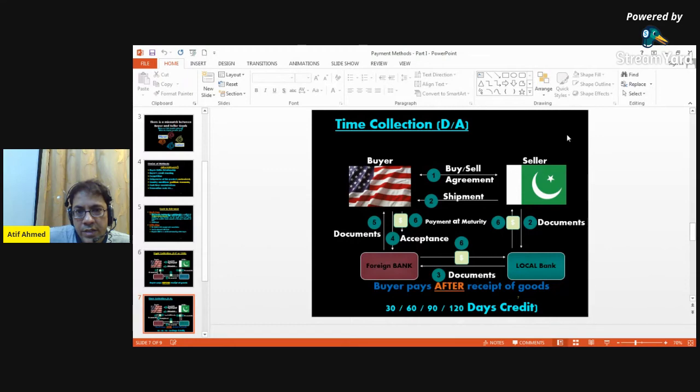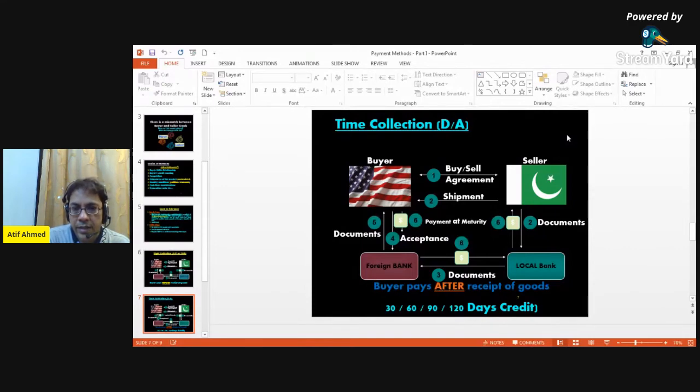Time collection is also called DA, that is Documents Against Acceptance. In this case, immediately after the contract of sale is made between the seller and buyer, the same flow will be adopted. The seller will arrange the production, arrange the shipment, and simultaneously all the original documents will be routed to the local bank. Then the local bank will transfer these original documents to the foreign bank.